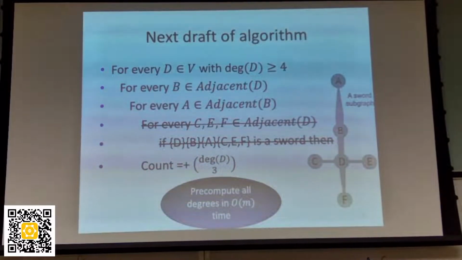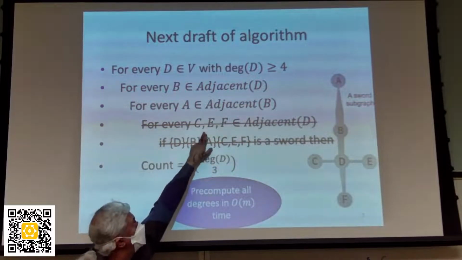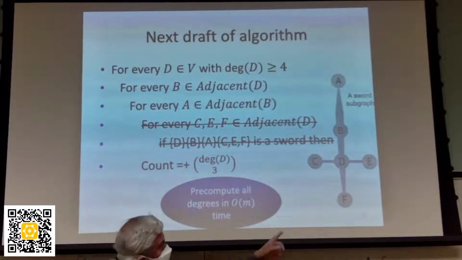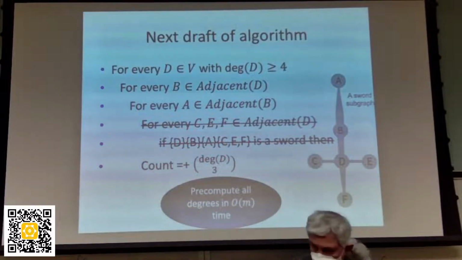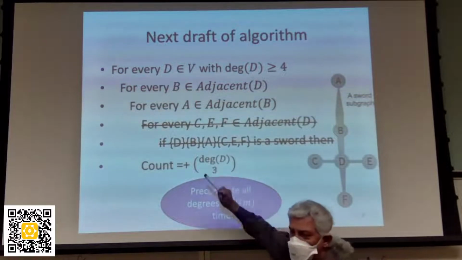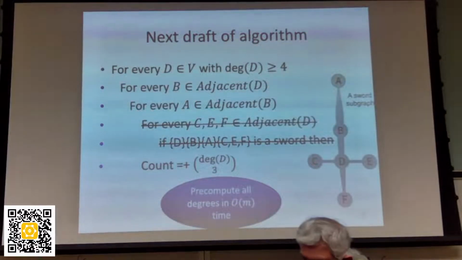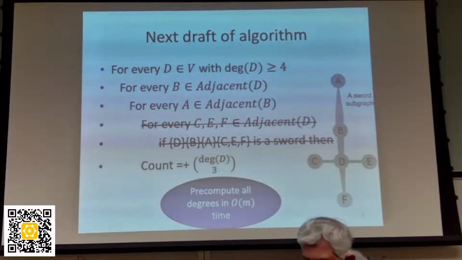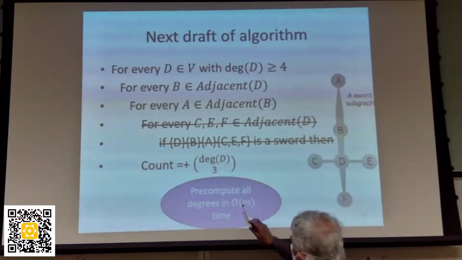In the previous draft, we went and looked at 3 distinct neighbors of D to figure out these 3 guys. What I'm saying is, if D has this many neighbors, then all I have to do is pick 3 out of them. Actually, I did something wrong.